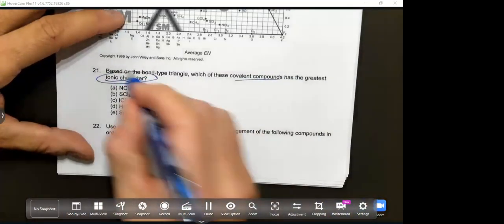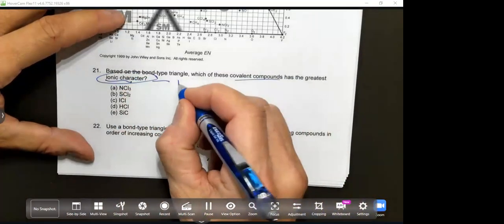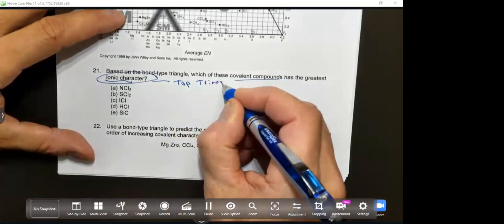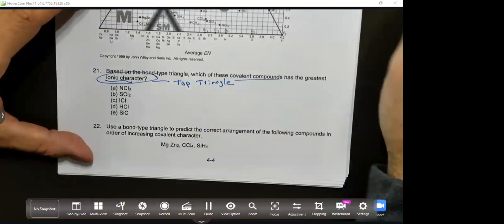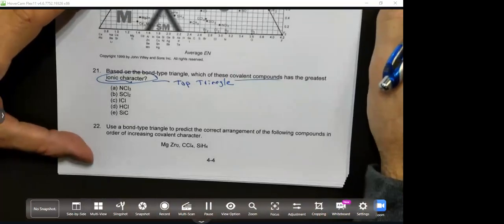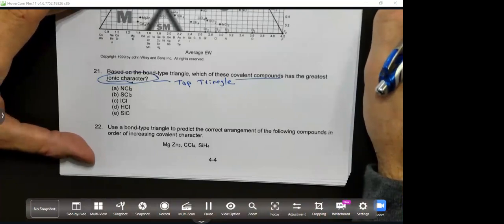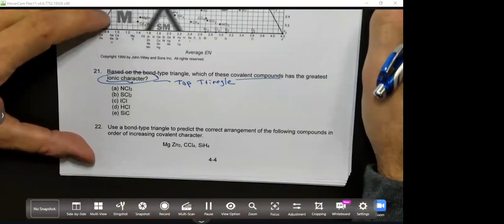To get the greatest ionic character, which is in the top of the triangle, you want to get to the top.